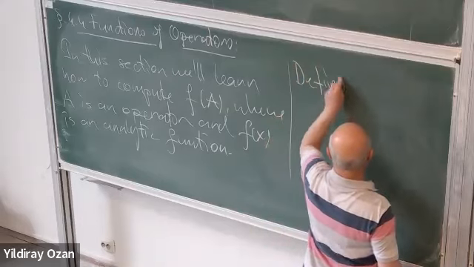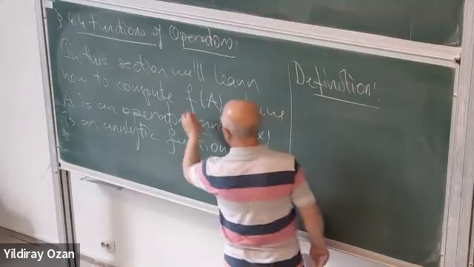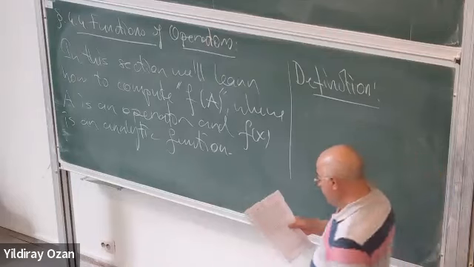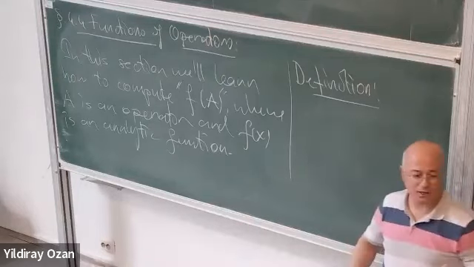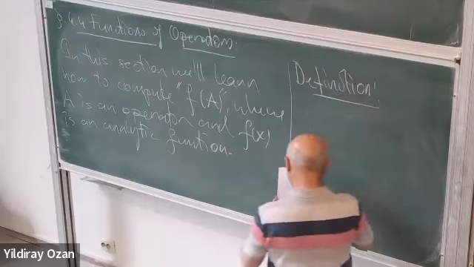I will give two definitions of f of A. So what does this mean? F of A. You will see two definitions, and then we will see that actually they are basically the same definition. They agree.